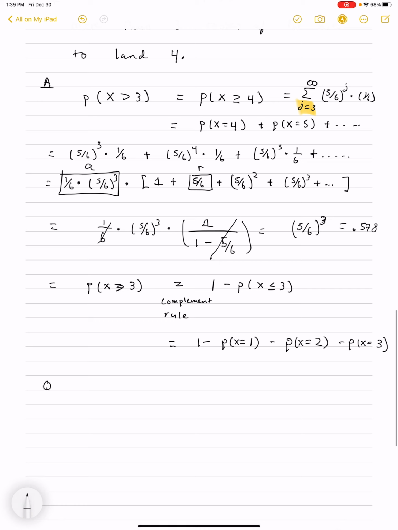Let me ask you another question here. What is the probability it takes between 3 and 10 tosses of the coin?